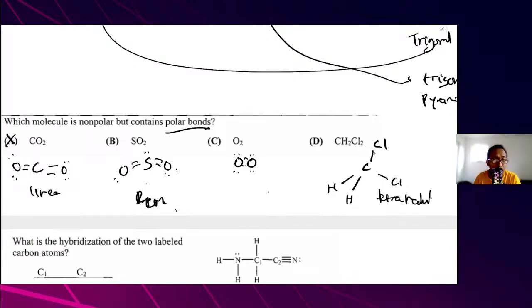How about the B? The structure is bent. Polarity: polar molecule. Yes, this one is a polar molecule. Bent, there are dipoles, but the dipoles are not canceling out.